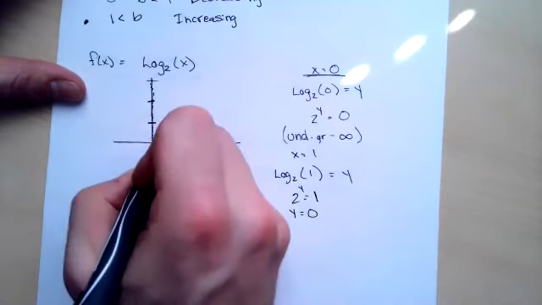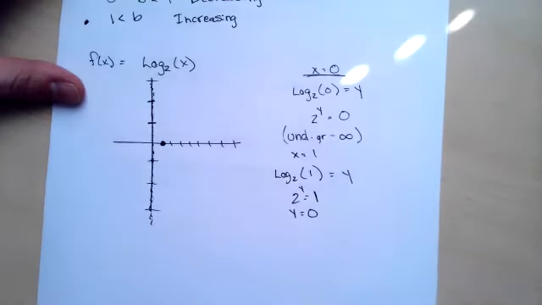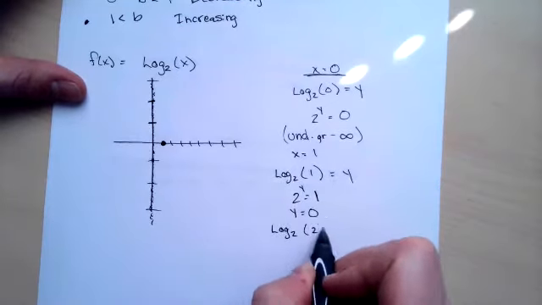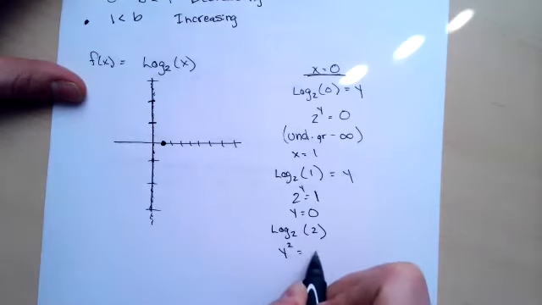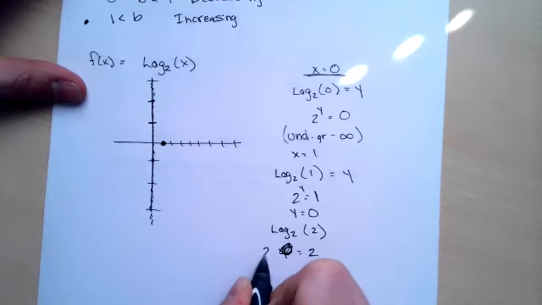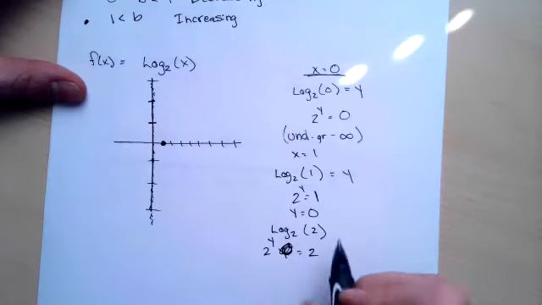And so y has to be 0. This confirms that our x-intercept is always 1 if we're not shifting or anything like that. Log base 2 of 2. Wrote that one wrong. So same base, 2 to the y equals 2. So y equals 1.